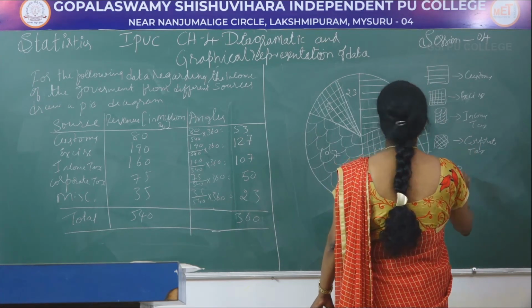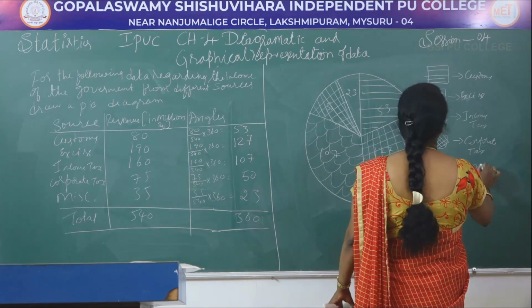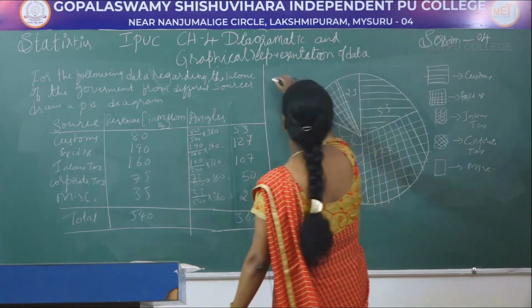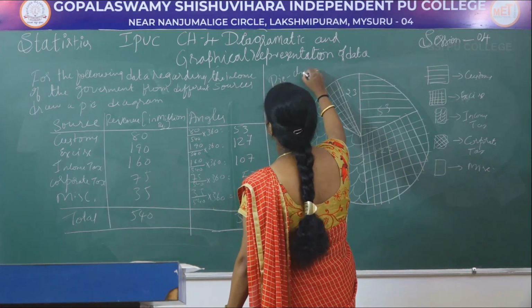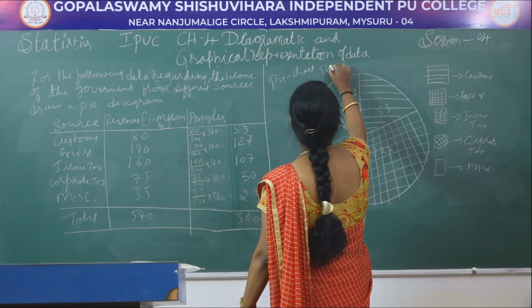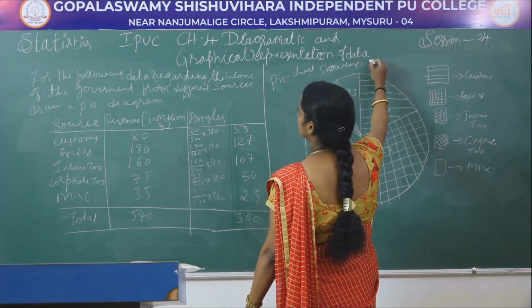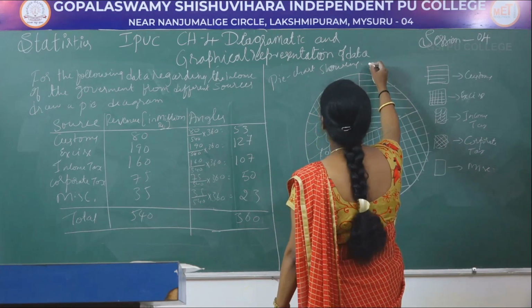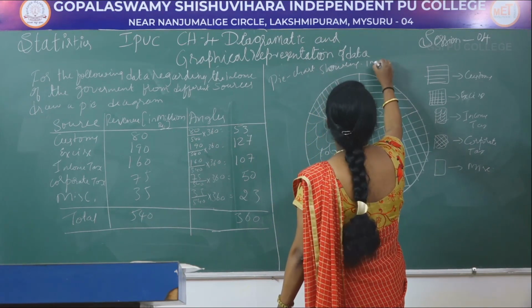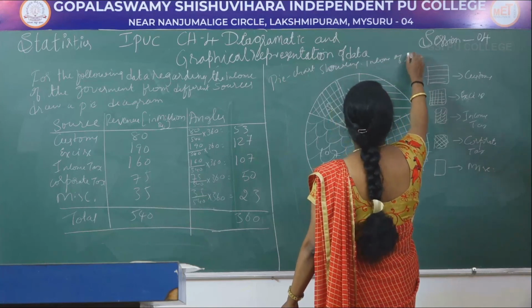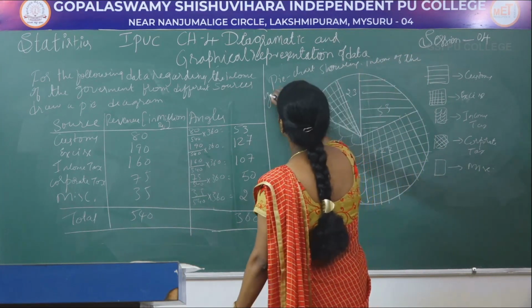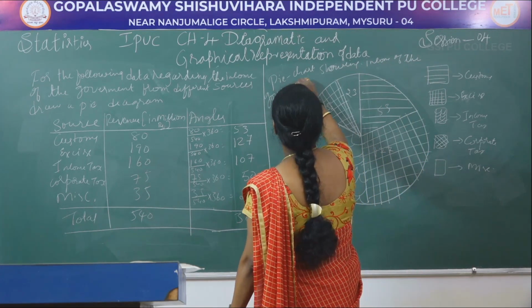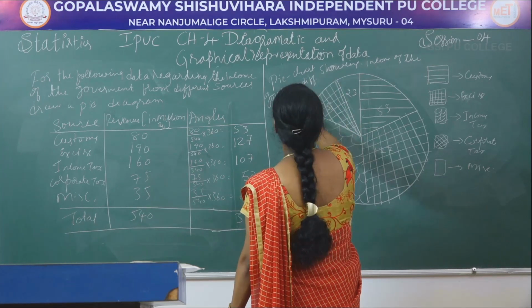The last one I have left as blank. This is our miscellaneous, and this is the pie diagram, pie chart showing the income of the government from different sources.